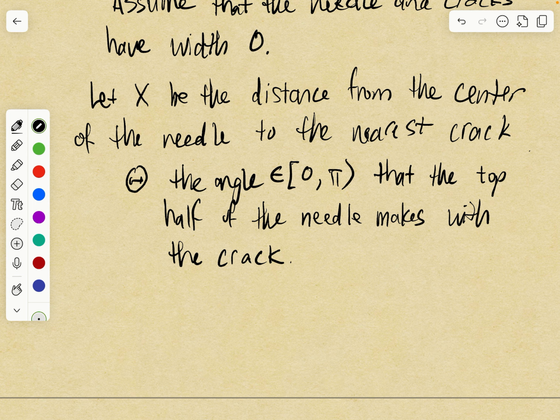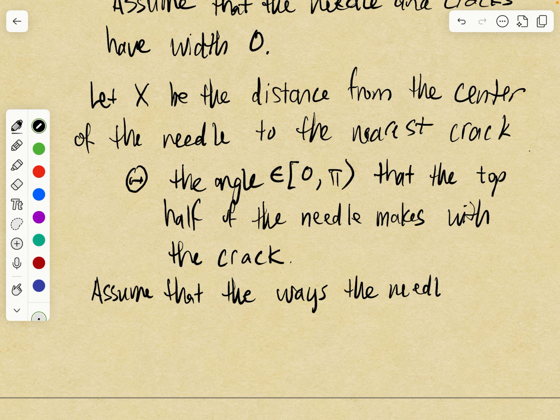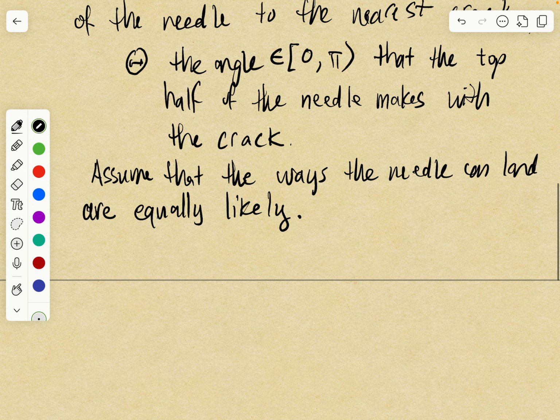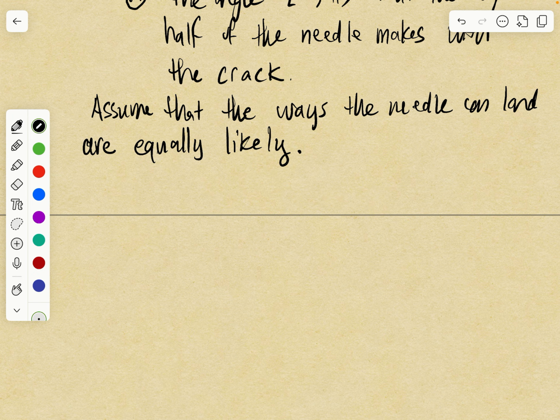And we assume that the ways the needle can land are equally likely. So x can go from 0 to a half.